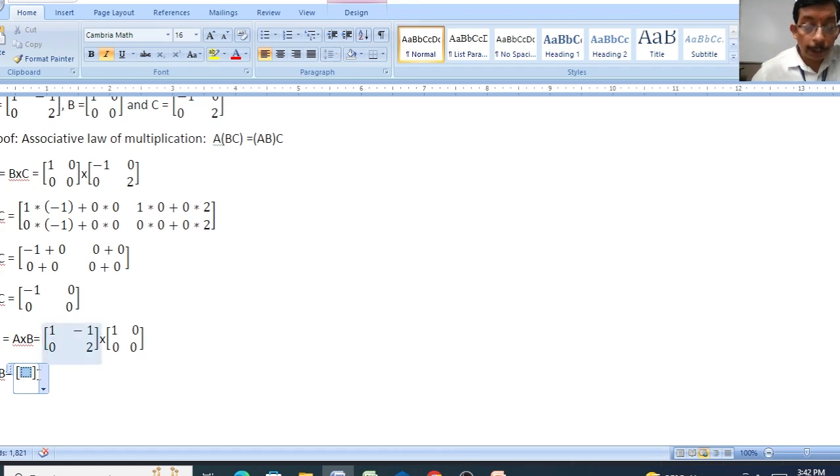1 multiply by 1, similar corresponding element, plus second element of first row is -1 multiply by the second element of the matrix, which is 0. Then the first row first column multiplication is complete.